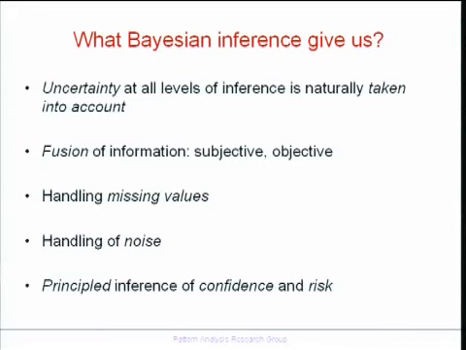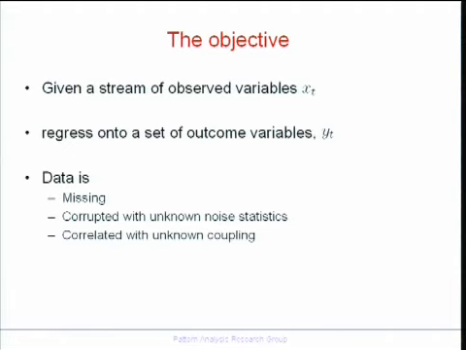Imputation over missing values is something we can do, whether we have sensor knockout or whether those missing values are future samples that we are yet to see. There is a single framework to deal with all this, and a very nice way of handling confidence, risk, and of course the ubiquitous problems of noise in all our sensors at all levels.